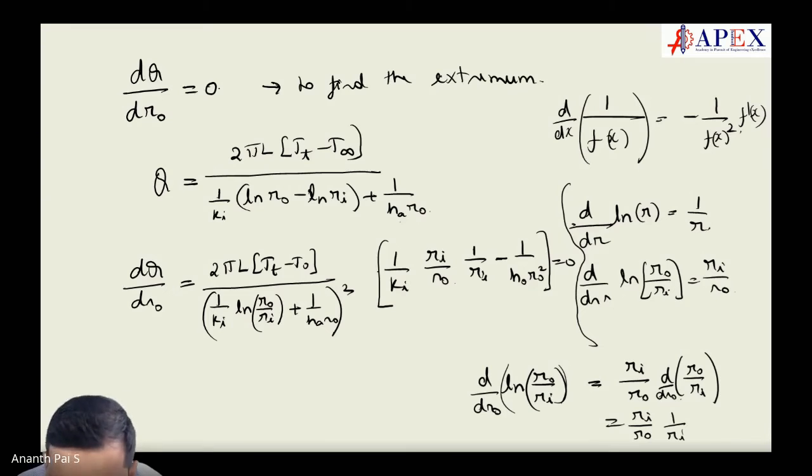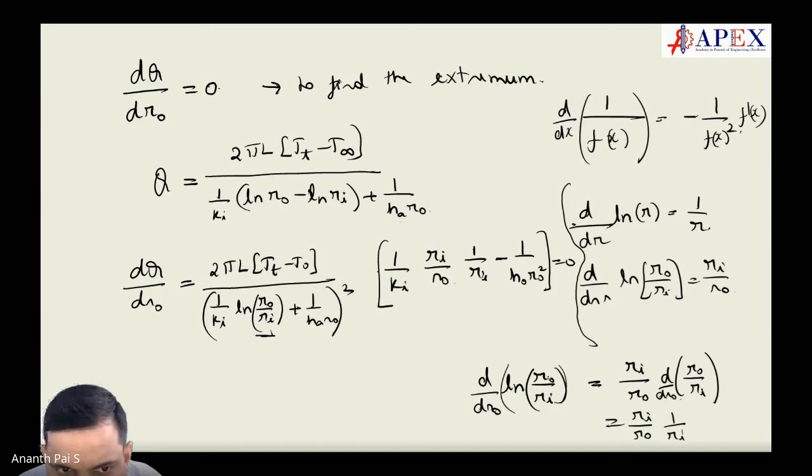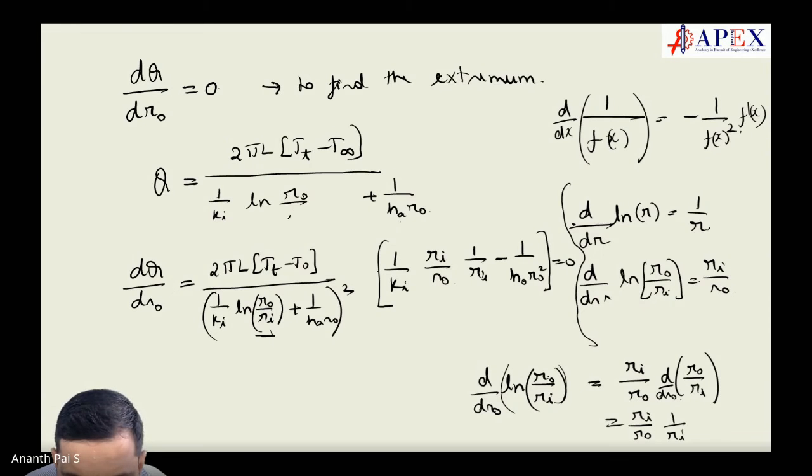See here, this is log of R naught by ri. What I'm differentiating is log of R naught by ri. But now if you expand it, log of R naught minus log of ri. Don't do that, this will skip, not required. Even if you do it like that, the answer should be same, sir. You should get it, but let us not worry about it now.